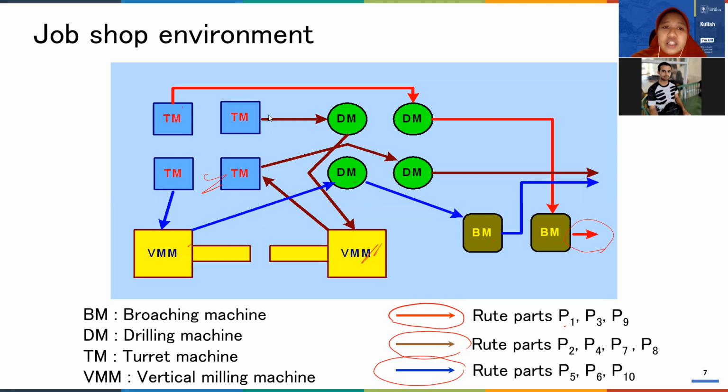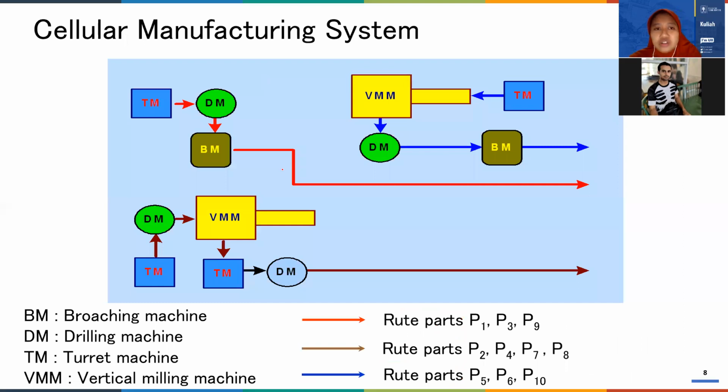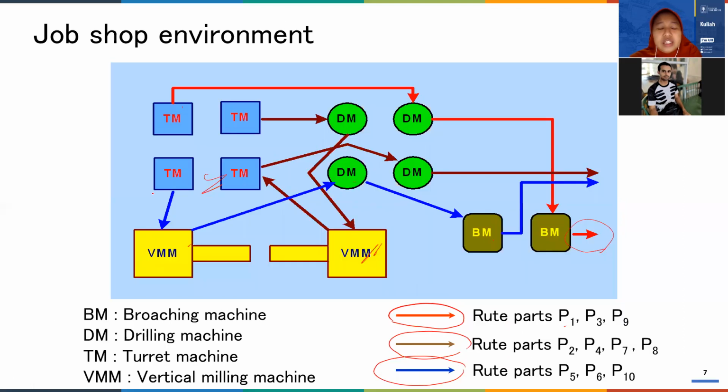So if you see here in the job shop environment, actually we can see that the machines are grouped according to the same type of machine, right? And then the movement is based on the process for each part. However, if we see it directly right now, according to the movement, what makes it not really a good layout?